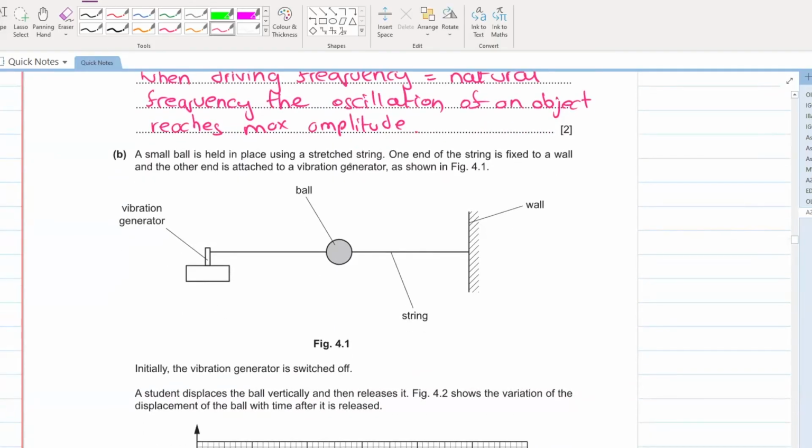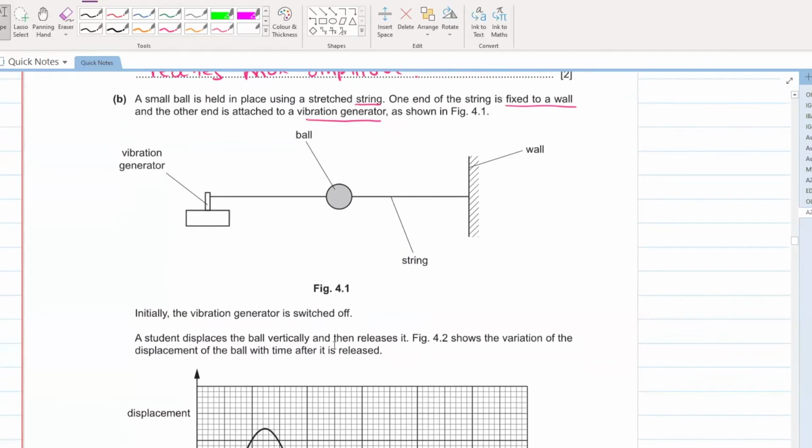A small ball is held in place using a stretched string. One end of the string is fixed to a wall, and the other end is attached to a vibration generator as shown in figure 4.1. Initially the vibration generator is switched off.